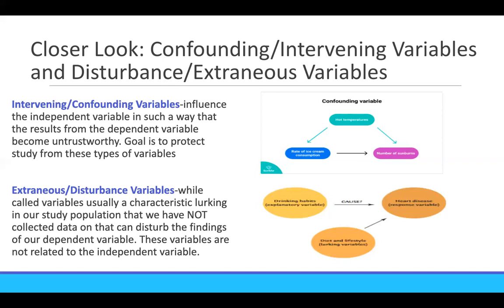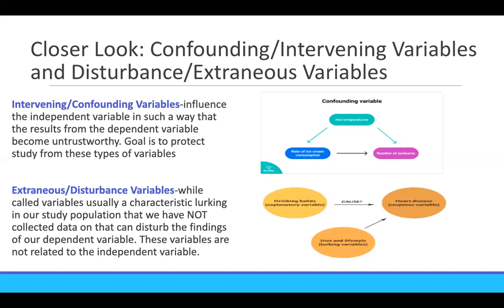You are looking at people's drinking habits as being a cause or correlate to heart disease. So drinking habits is the IV, heart disease is the DV. However, another thing unrelated to drinking habits might just be their diet and their lifestyle, like how often they work out. That also influences a person's propensity to heart disease as well, having nothing to do with drinking.